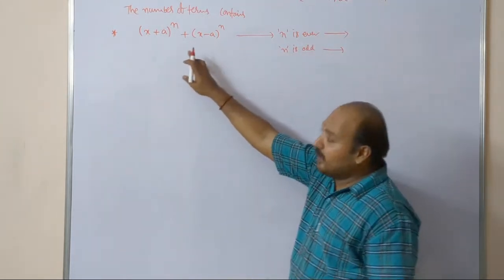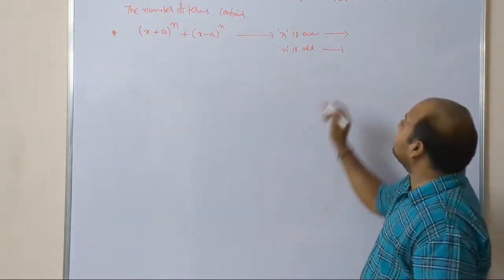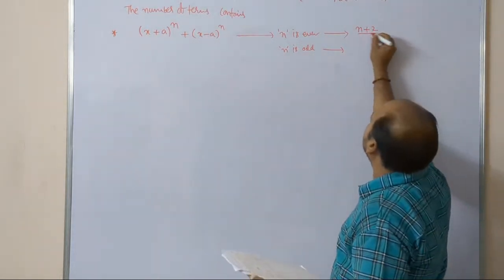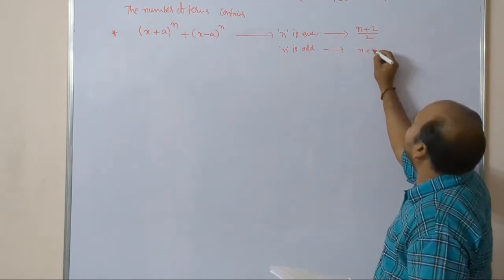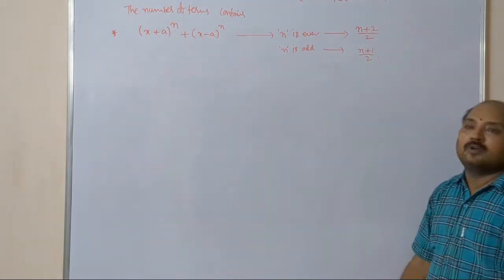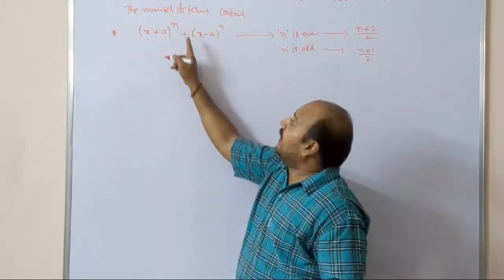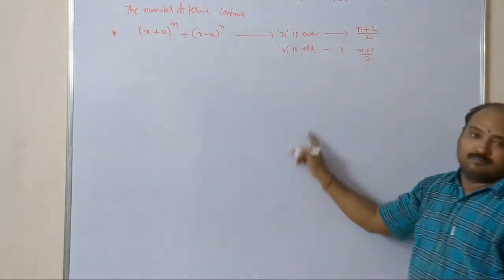If n is even, here plus is there, no, dear students. If n is even number, n plus 2 divided by 2. If n is odd, n plus 1 by 2, dear students. Whenever x plus a whole power n plus x minus a whole power n. I will give example also.